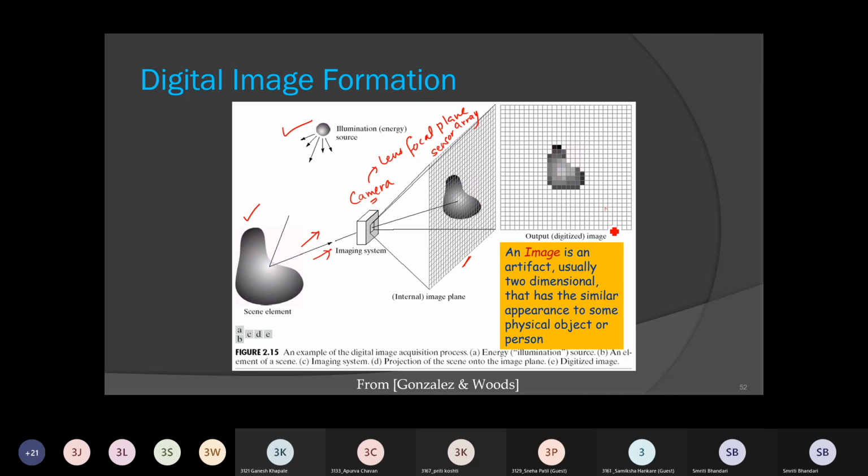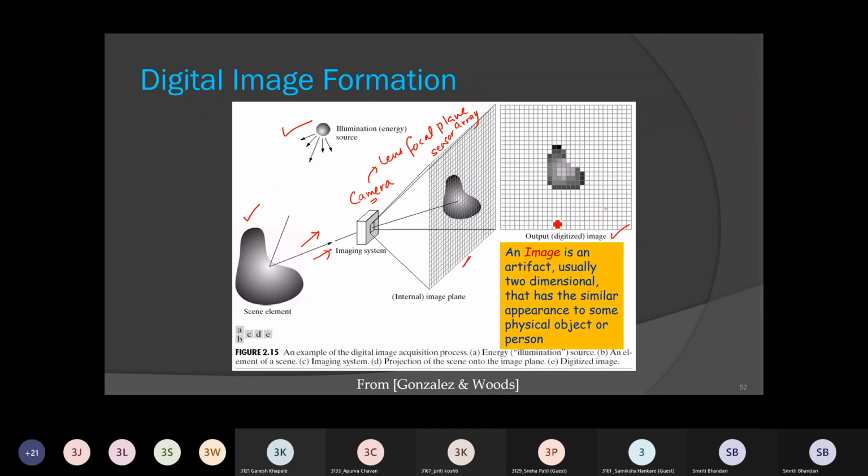So if you look at this particular figure, this is the output which is digitized. Whenever the object seen is visualized at the image plane, it is a continuous form of image. Further, we have some digital circuit that converts the input image generated at the image plane into digital form, and ultimately what we get is the digital image.